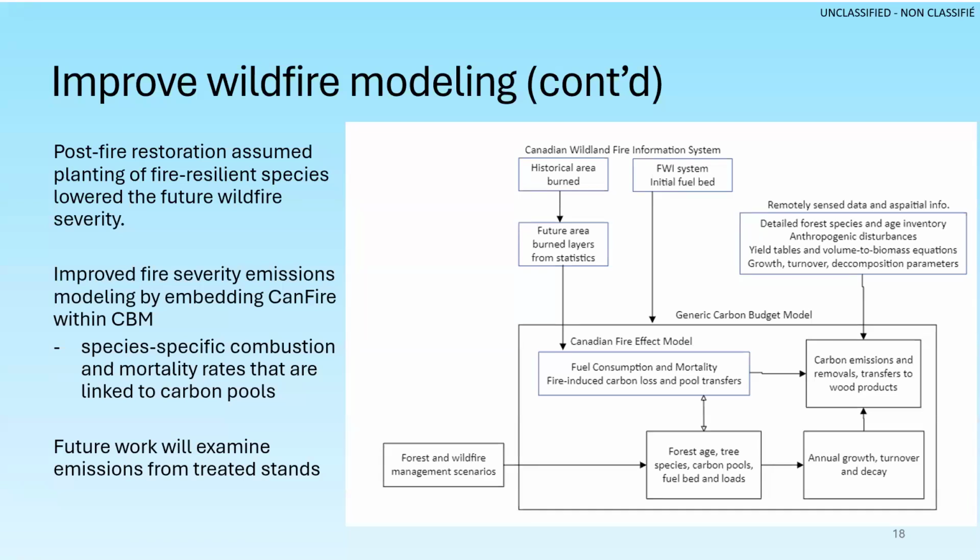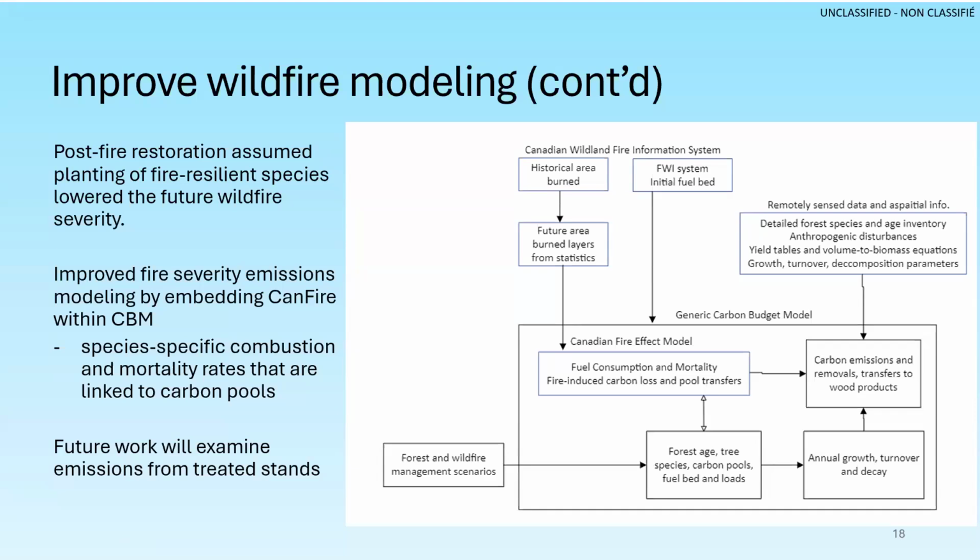And so to do that, we have embedded the Canadian fire effects model into the carbon budget model. So it receives information on the fire weather, the fuel beds. It receives information on the stand, the age, the species, and we're able to estimate the mortality and consumption for a fire.